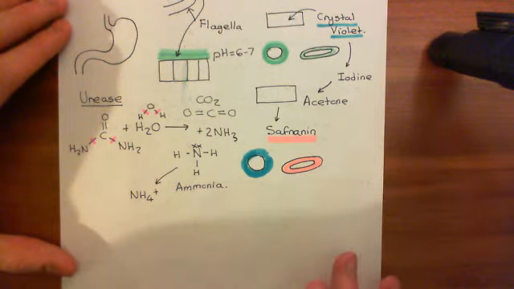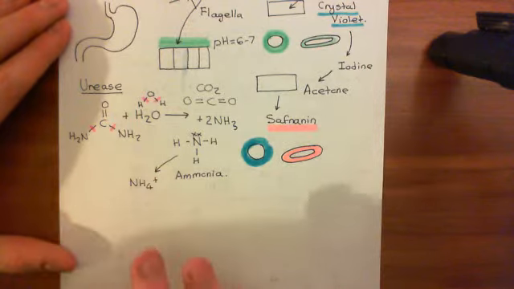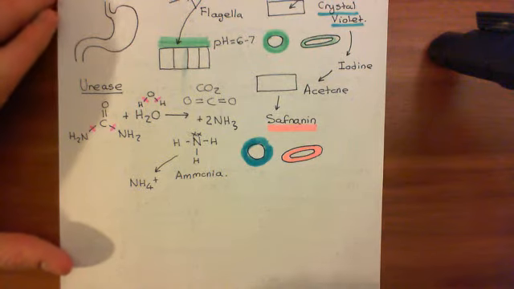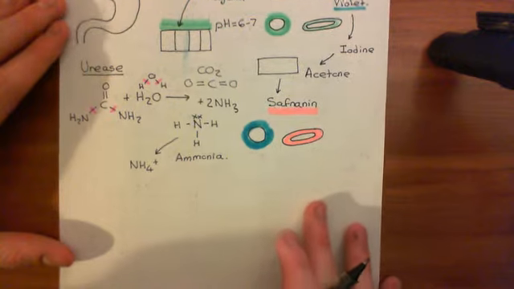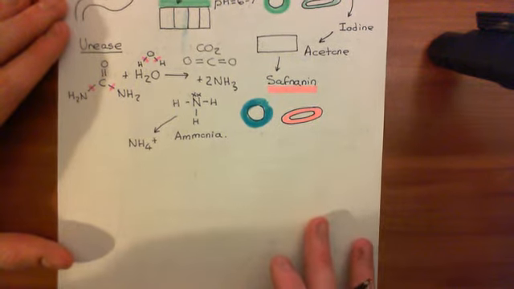This will mop up free protons. So the urease created by the Helicobacter pylori is going to synthesize more base molecules, which will help to neutralize the pH within the mucus where the Helicobacter pylori is trying to live.